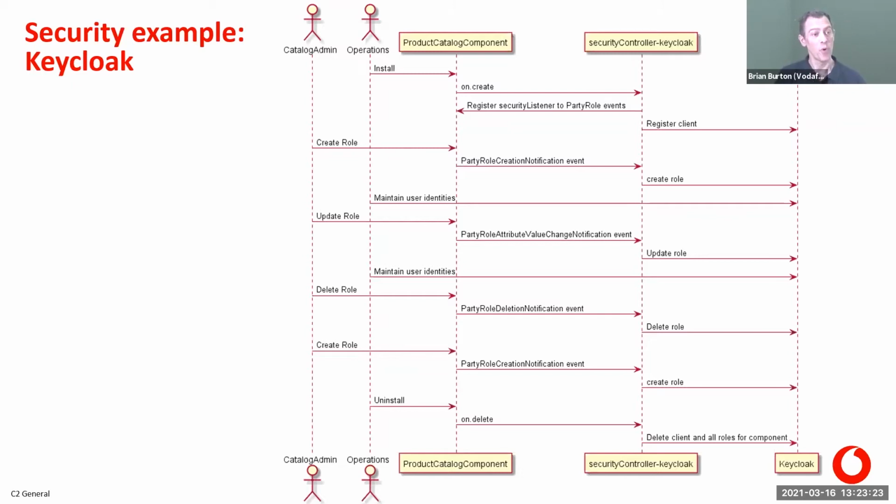And then at the point where a user comes along and tries to access it, we have the integration of the identity with the role, and so on and so forth.